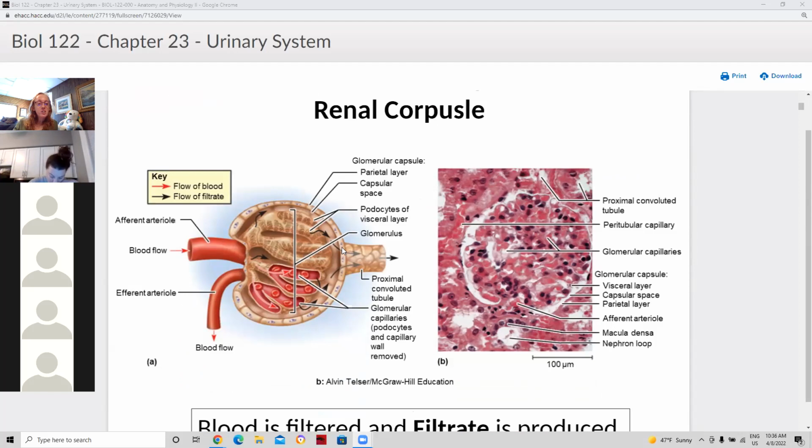Looking at the glomerulus, it means a ball of yarn. It looks like a major ball of capillary strings. We have a simple squamous epithelium that's surrounded by foot processes called podocytes.